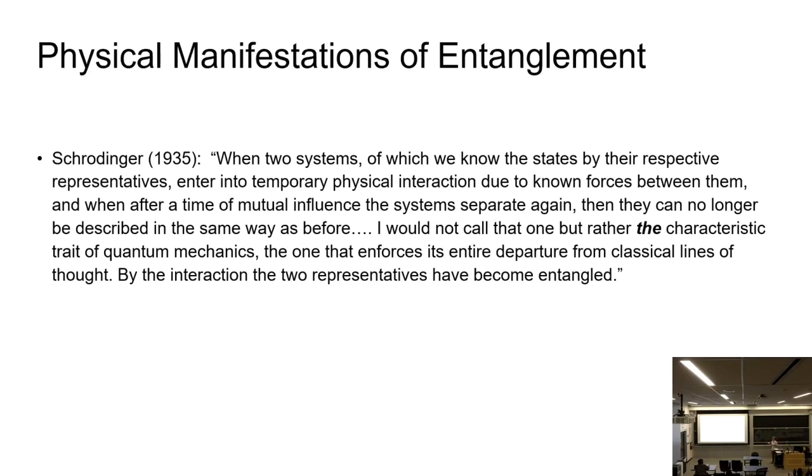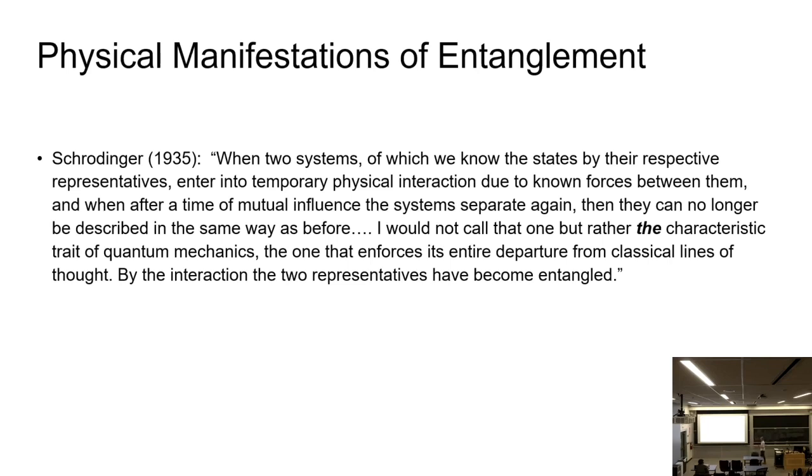And he says that when two systems, of which we know the states by their respective representatives, enter into temporary physical interaction due to known forces between them, and after a time of mutual influence, the systems separate again, then they can no longer be described in the same way as before.